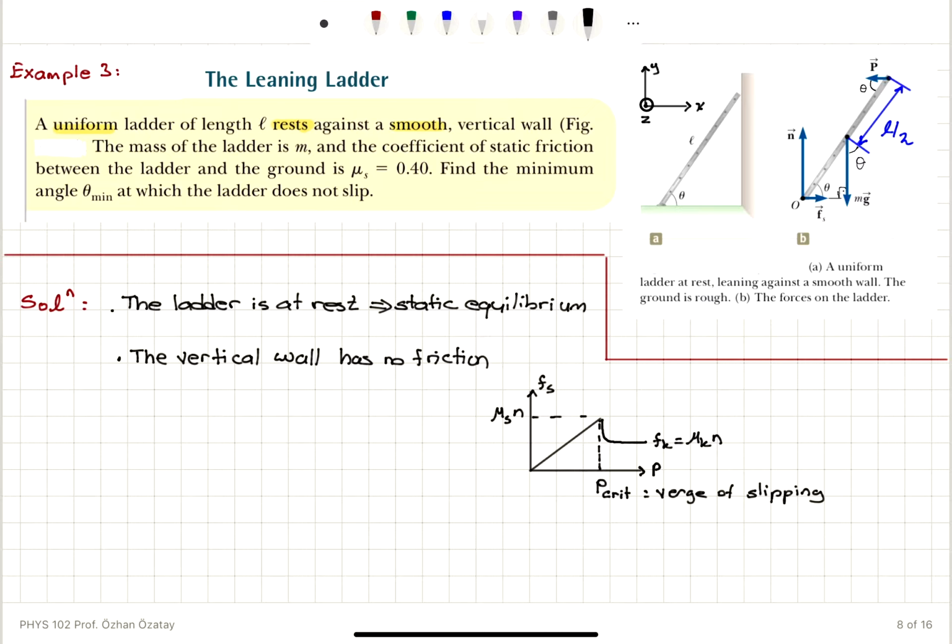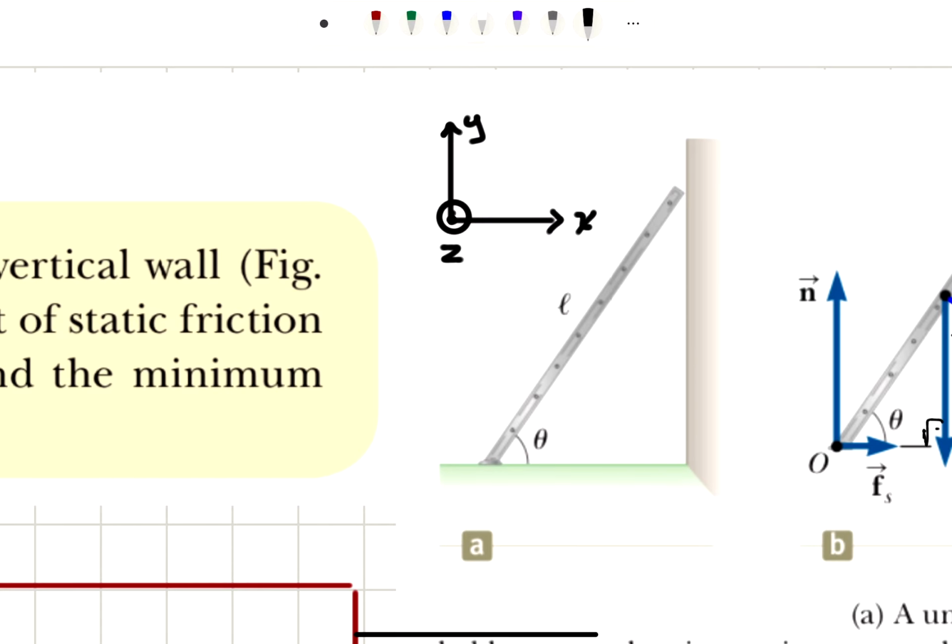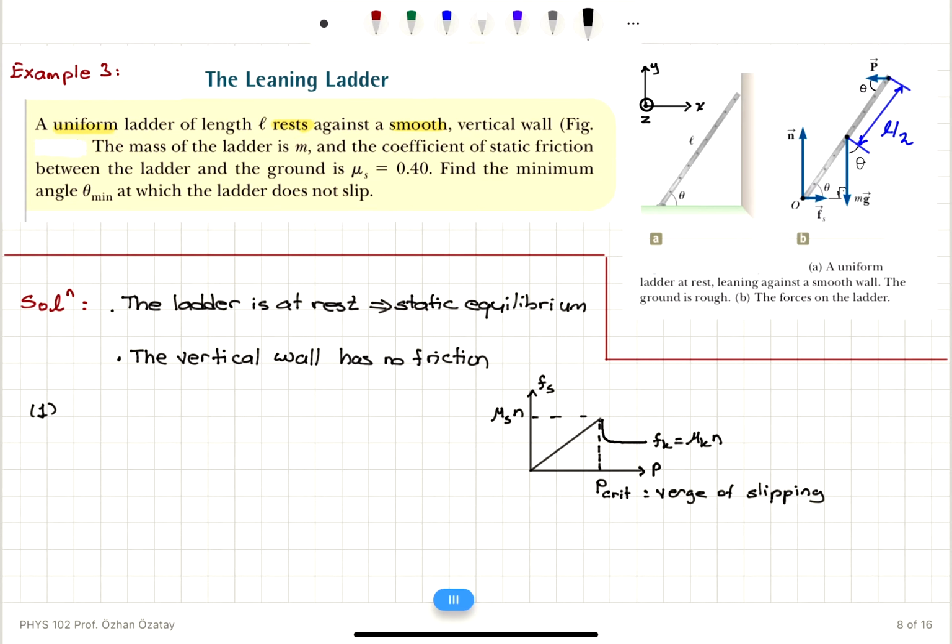Okay, so we can write the static equilibrium conditions. So translational equilibrium requirement, if we have a coordinate system set up like this, x is the horizontal axis, y is the vertical axis, z is coming out of the page, the net force x component must be 0.